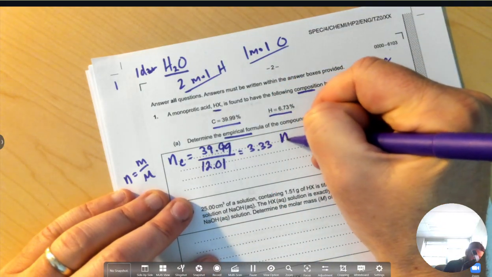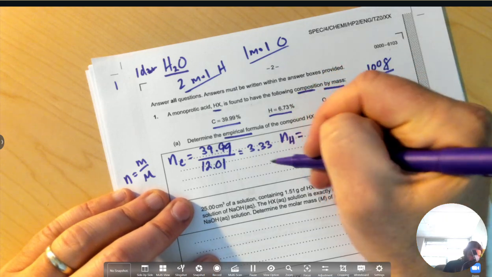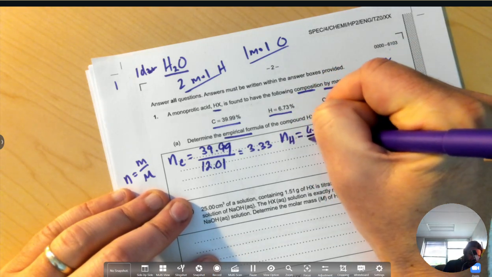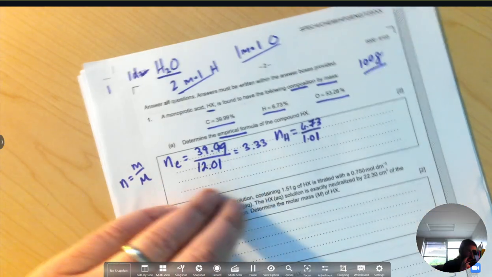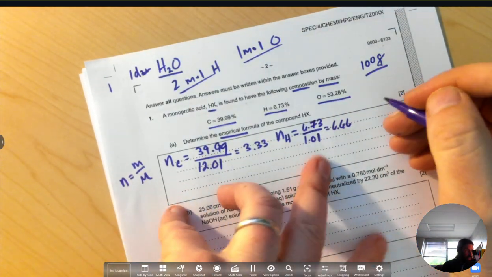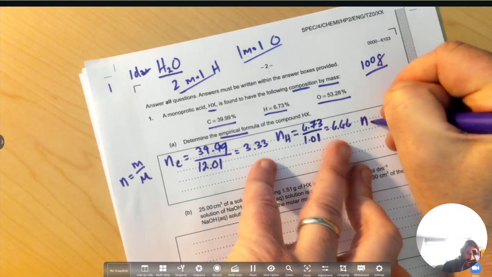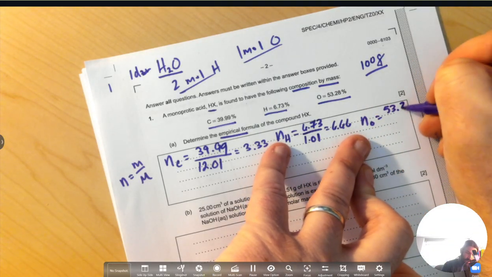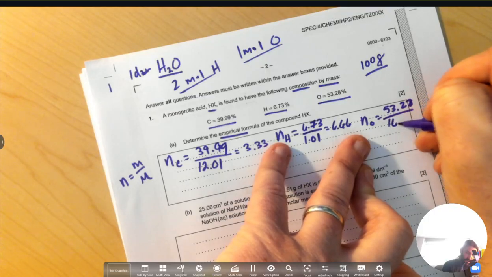Let's do the same thing now for hydrogen. So the number of moles of hydrogen will be equal to its mass, which would be 6.73 divided by its molar mass, which is 1.01, which gives us 6.6 moles of hydrogen. Finally, for oxygen, it is 53.28 grams divided by the molar mass.